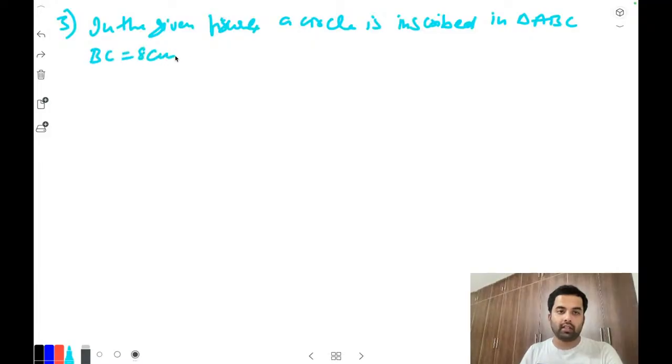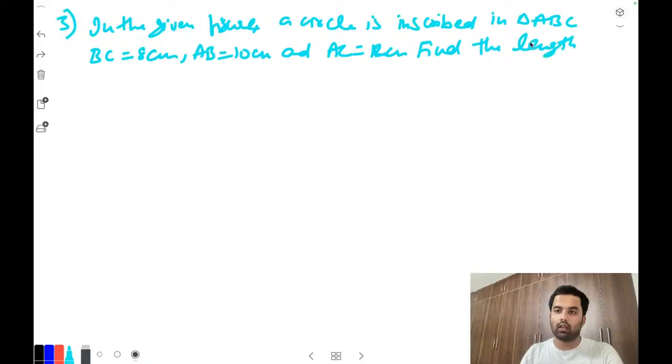BC equal to 8 centimeter, AB equal to 10 centimeter, and AC equal to 12 centimeter. Find the length of BL, CM, and AN. Let me draw the diagram first.